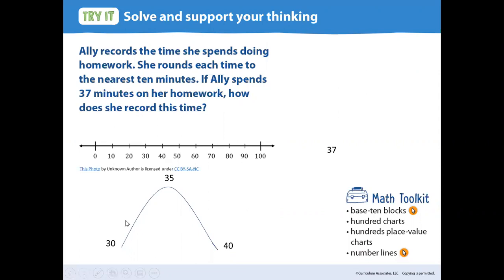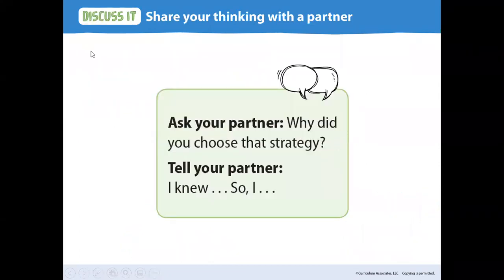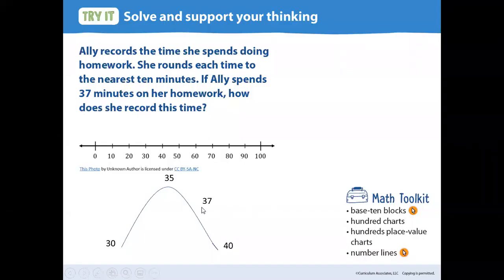So we know that 37, based on this number line, is between 30 and 40. When 37 is placed on our number arc, we see that 37 is going to be rounded up to 40. Allie knows to round up to 40 because 37 is 3 spaces to 40, whereas it is 7 spaces to 30.